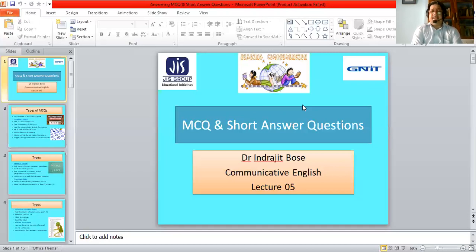So the answers are not very long, but they do test your writing skills, especially the ability to construct sentences which are grammatically correct, using appropriate vocabulary, punctuation, and grammar. They can also be longish questions which require you to write longer answers, but mostly these are the two kinds of questions: short answer type or objective type of questions.